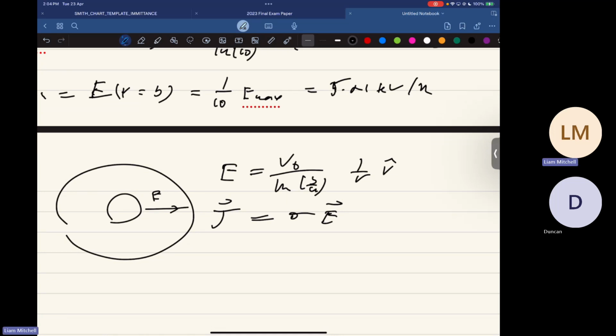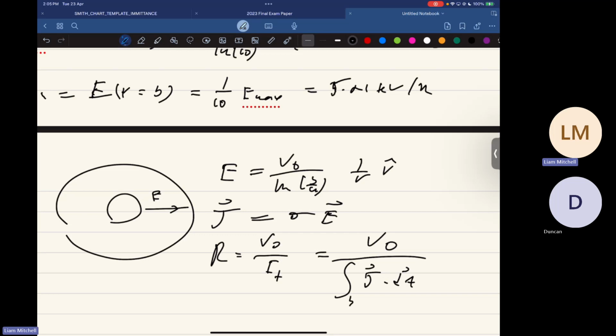Then what's our total resistance? Total resistance is total voltage divided by total current. So R is just v naught over I total, and it's just v naught over the integral over the surface of J dot dA.